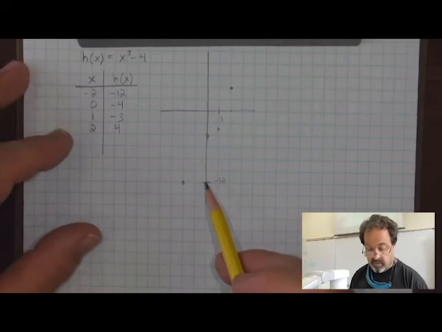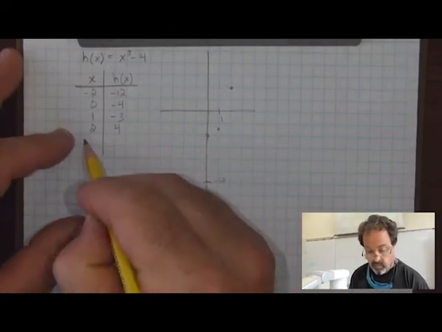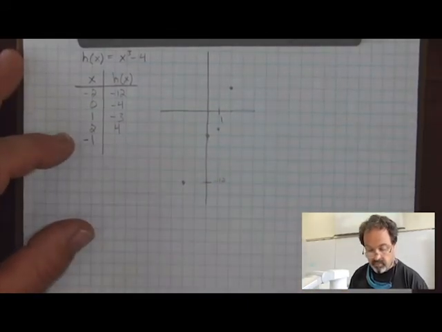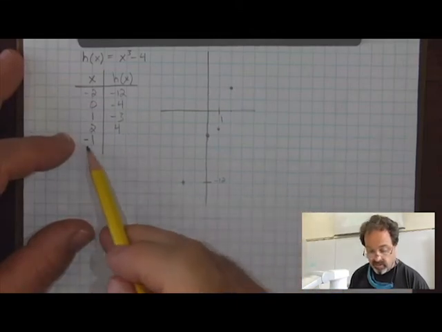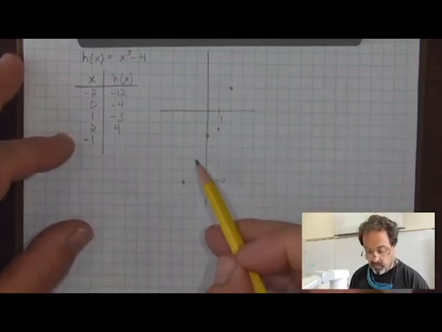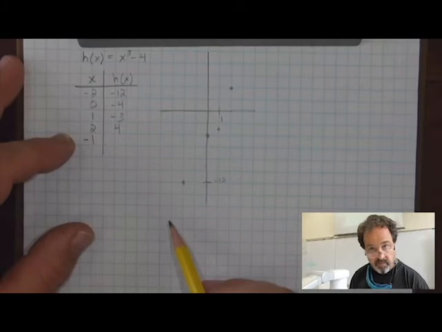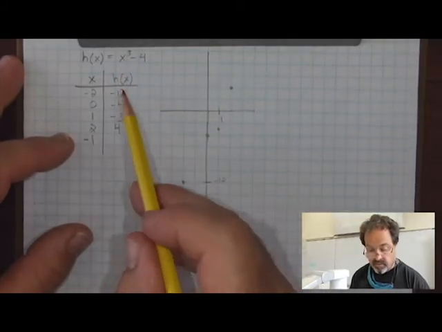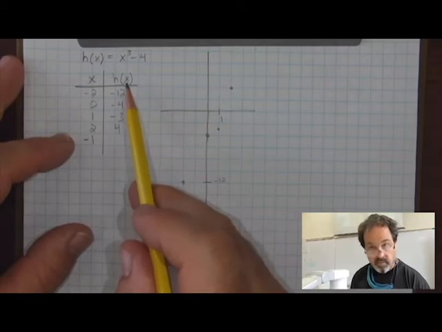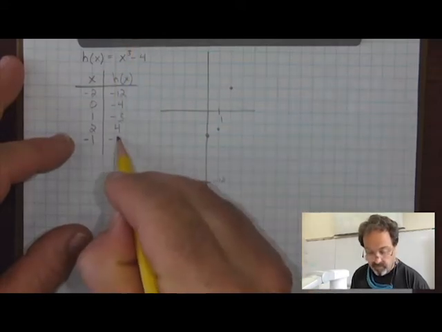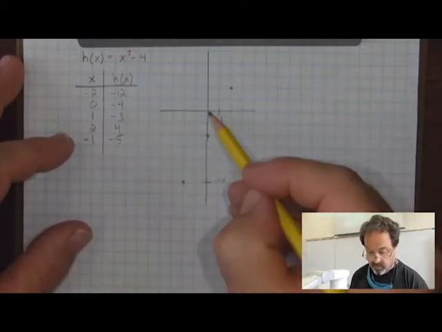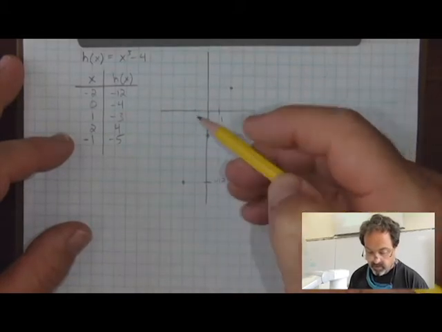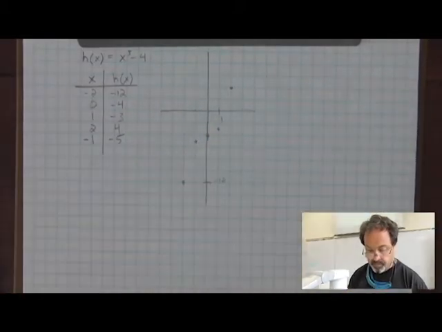I can see that it would help to put -1 in, if not some other points, at least -1, to find the value to plot one more point to help me graph the curve that's going to go here. So if I put -1 in for x, -1 cubed is -1, subtract 4 more, I get -5. I'm going to plot this point, -1 for x, and then 5 down is approximately there.